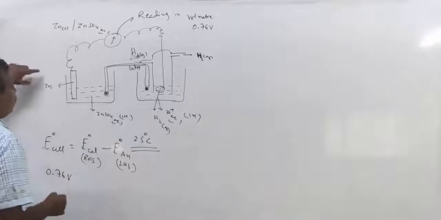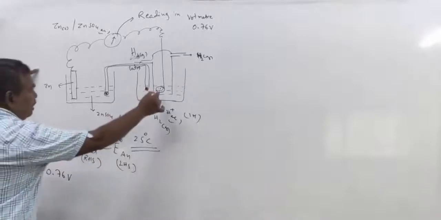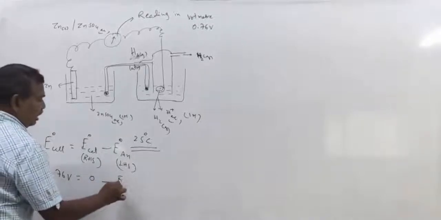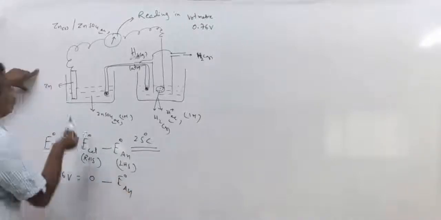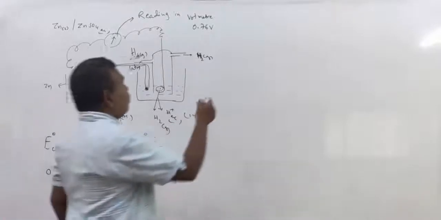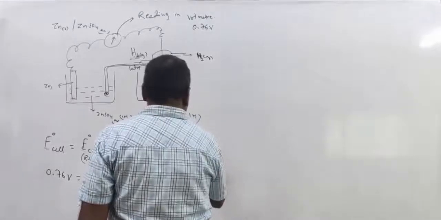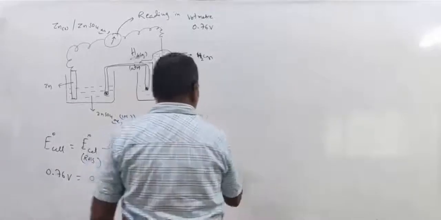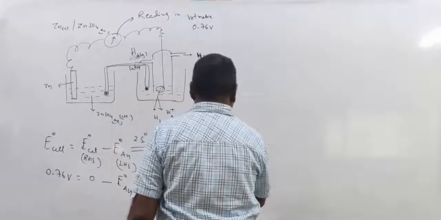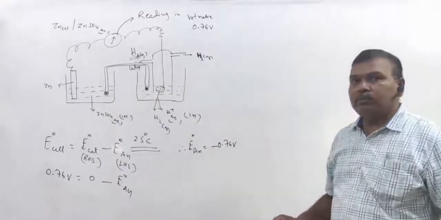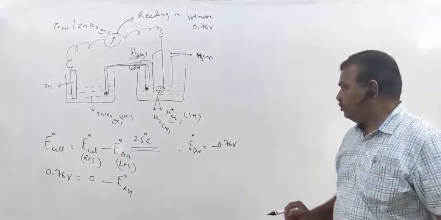E naught cathode, which one is cathode? Right hand side, this is cathode. What is its value? 0. E naught anode, we don't know the electrode potential of the zinc electrode. So E naught anode is equal to minus 0.76 volts. Is it clear?